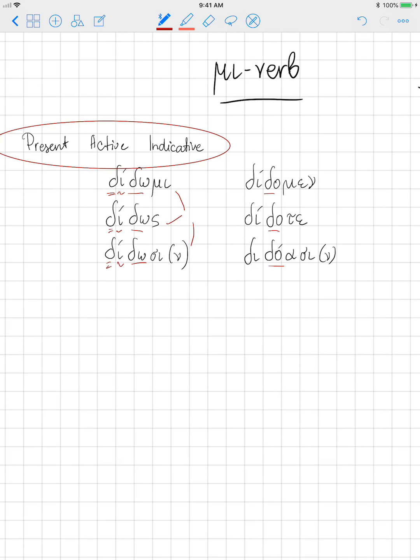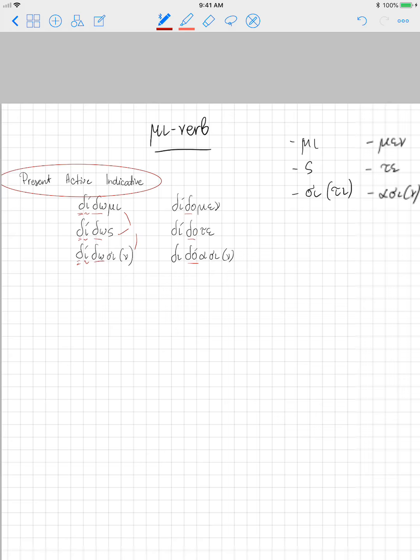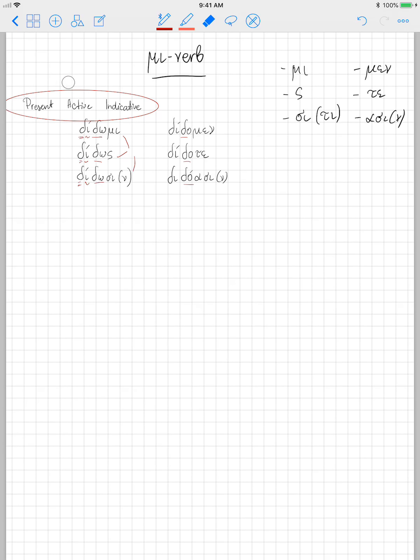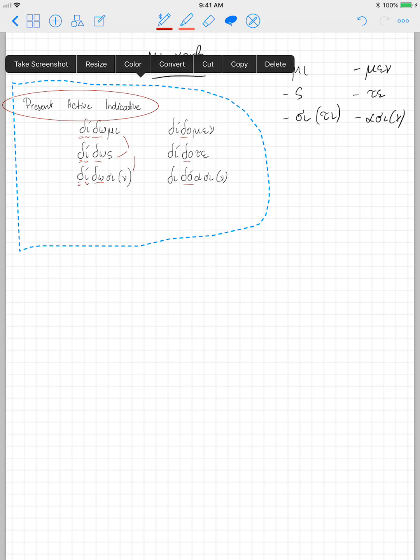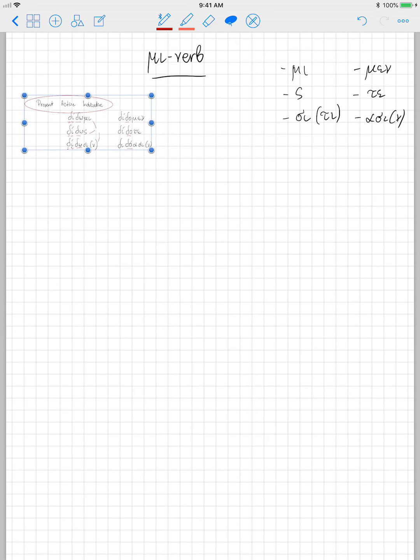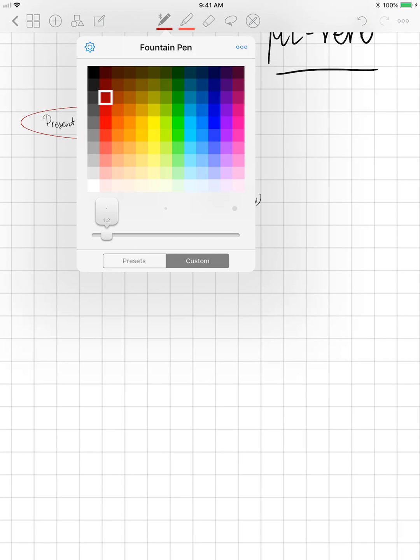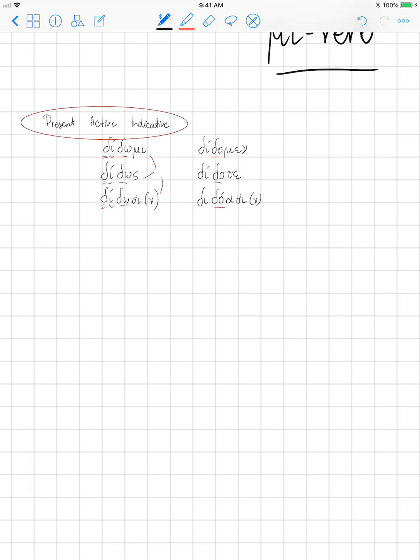Active. What's the difference between active and passive? Well, glad you asked. Present passive differs in a few things.